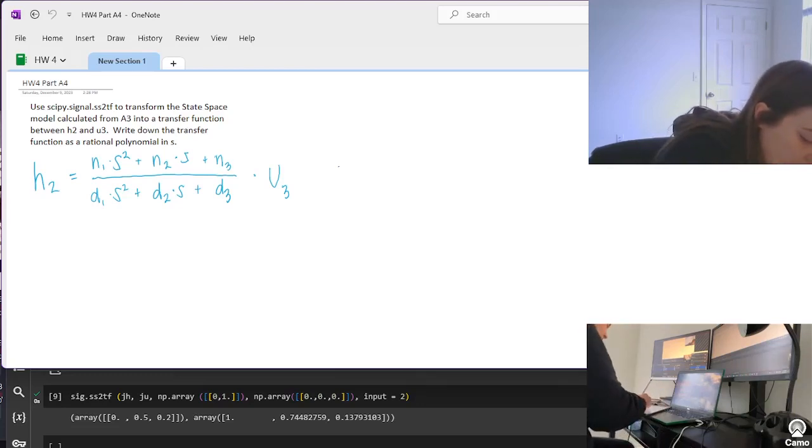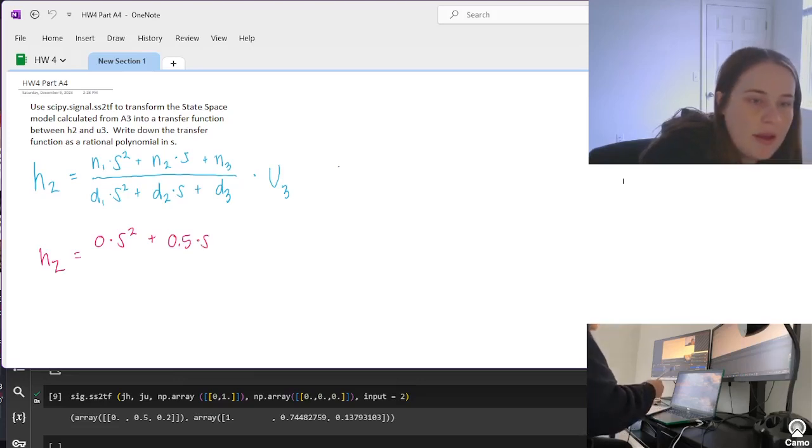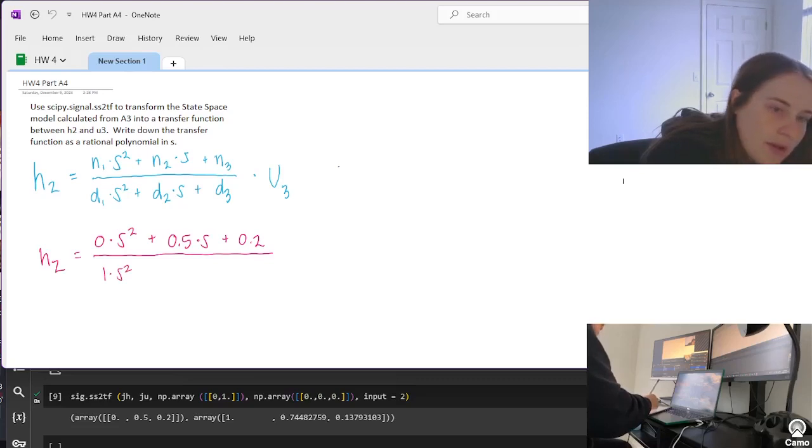So we first would have H2, which is equal to that first number, 0, times s squared, plus that second number, 0.5 times s, plus that second number, 0.2, and then all over 1 times s squared plus 0.745 times s plus 0.137.